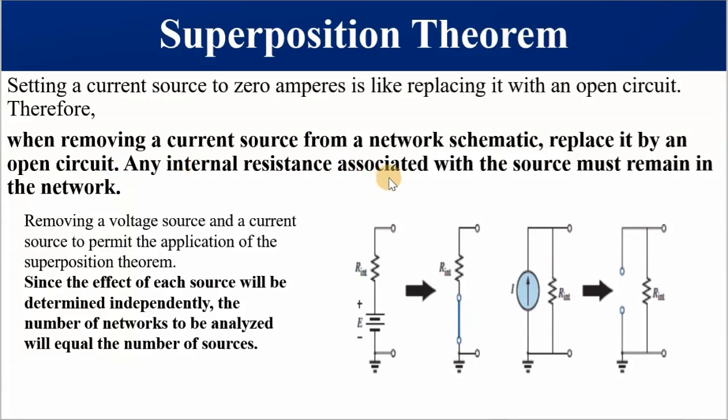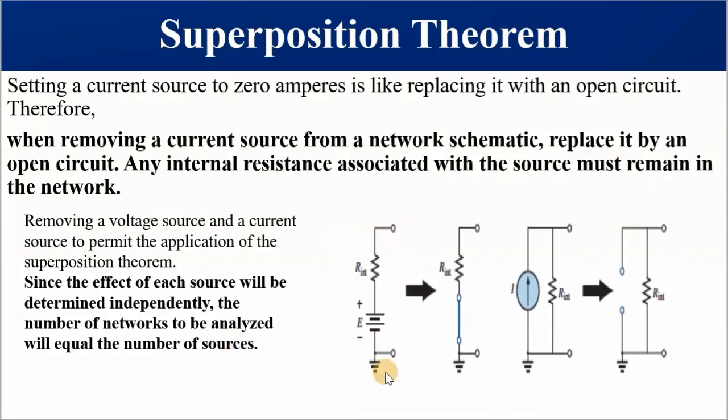An internal resistance associated with the source must remain in the network, which means we are analyzing real or practical sources. Removing a voltage source and a current source permits the application of the superposition theorem. Since the effect of each source will be determined independently, the number of networks to be analyzed will be equal to the number of sources.